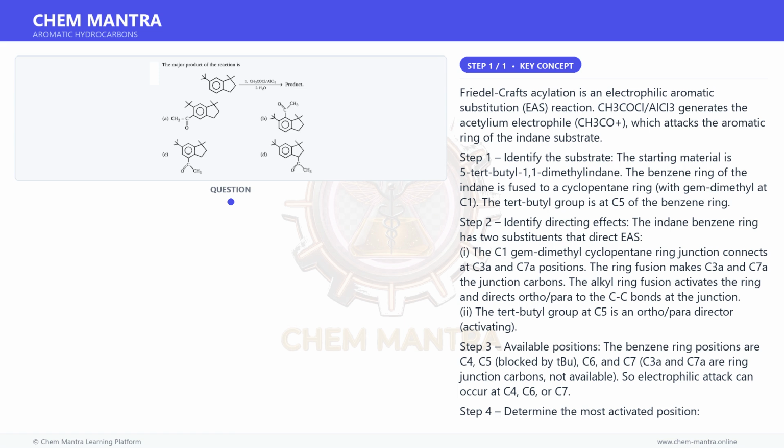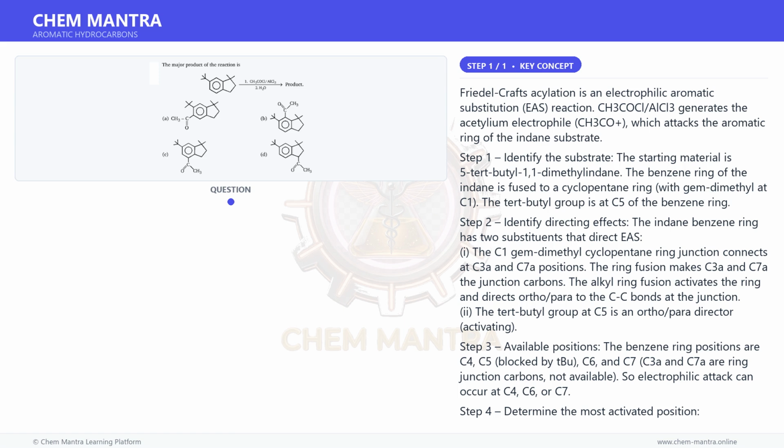The ring junction at C3A directs ortho-para: ortho to C3A is C4 and C2, blocked junction; para to C3A is C6, actually C7A, blocked. So C4 is activated by C3A ortho. C4 is activated by ortho to tert-butyl, C5, and ortho to C3A, a ring junction.